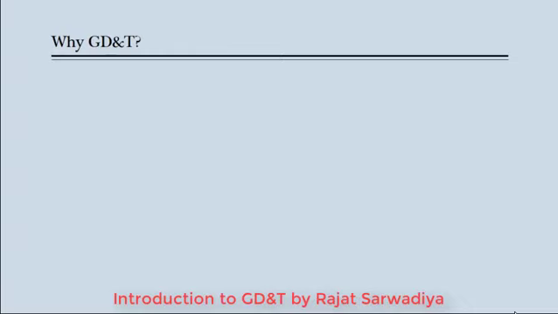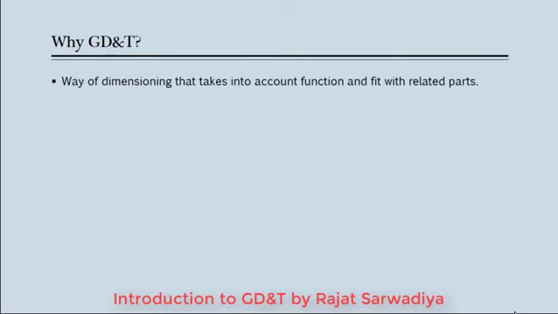The reason can be that GD&T is a way of dimensioning that takes into account function and fit with related parts. Whenever you apply GD&T, it covers both things: the functioning as well as the fitment. That's why it is most required.